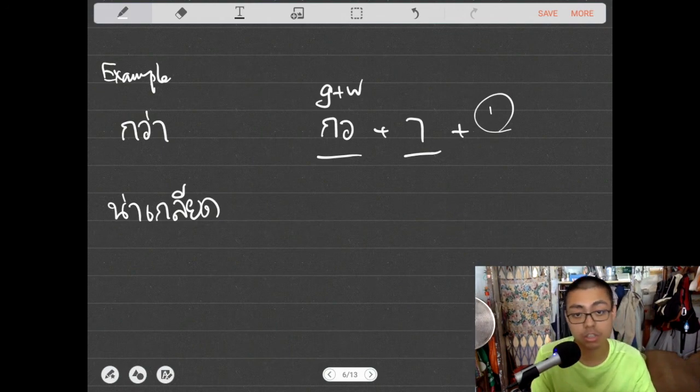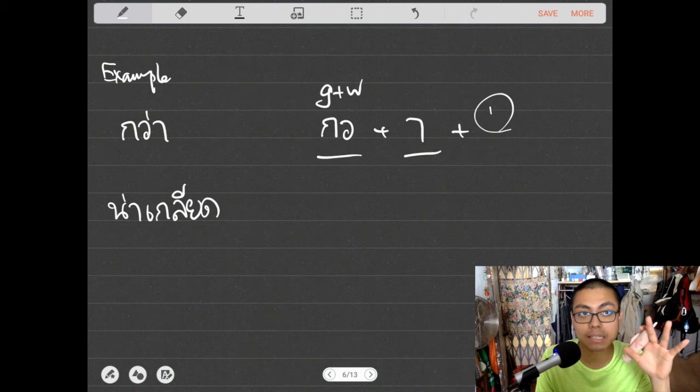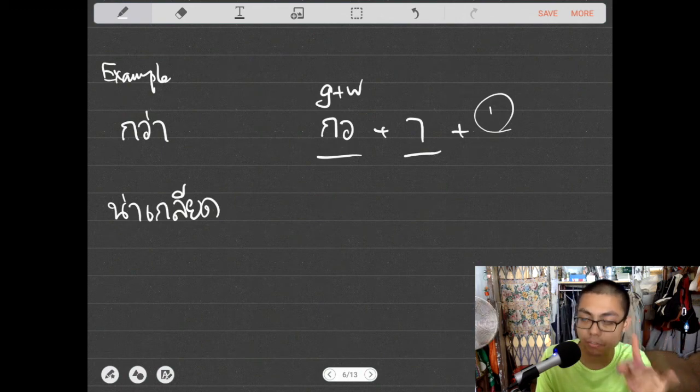Here, with a consonant cluster, we need to pay attention to how we determine the tone and where to write the tone mark. The first one is finding out the tone. With a rule, the tone of a syllable is determined by the first consonant. Again, this is not true for all cases. We have some exceptions, and I will talk about that in implicit vowel type 2.